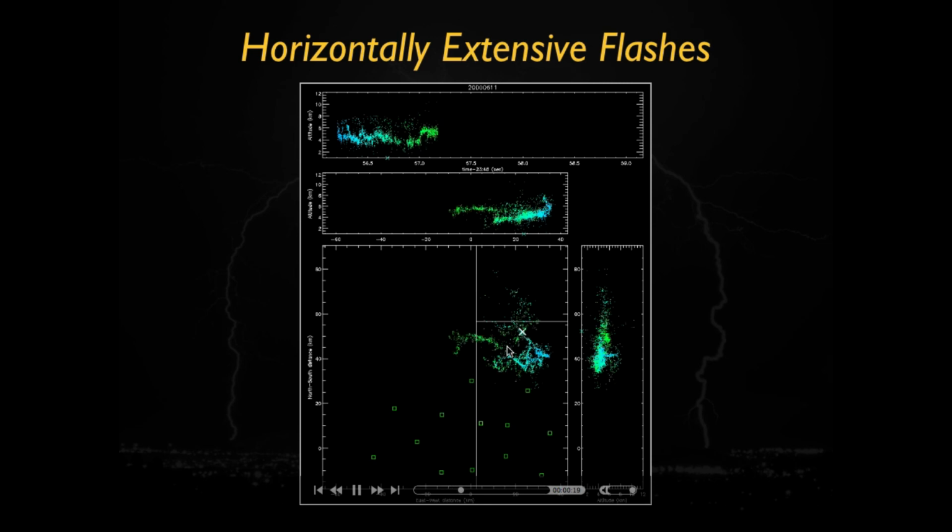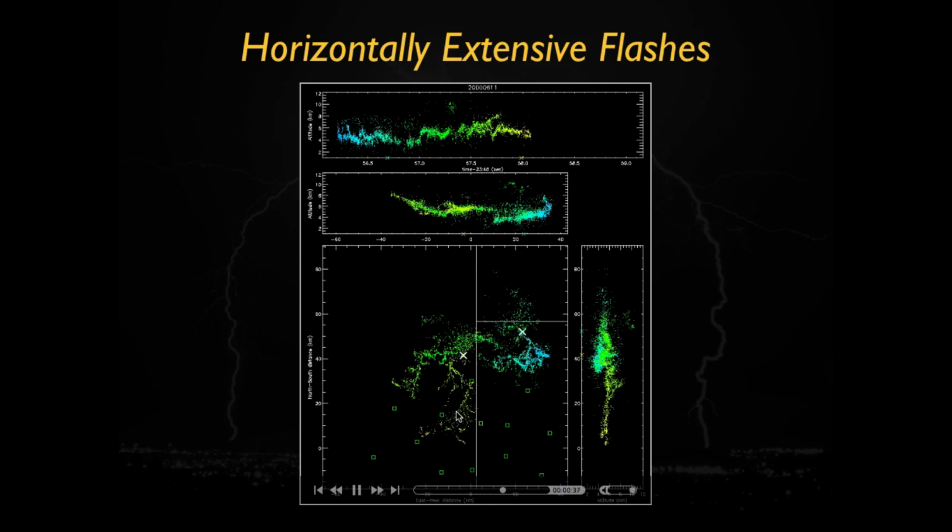Following that return stroke, we get enhanced negative leader development after the return stroke propagates along the negative leaders that formed prior to the return stroke. And this keeps continuing. Then we get another return stroke here, and it again furthers the negative leader development, and another one, and you can see some blossoming after the return stroke, and then even the last one.